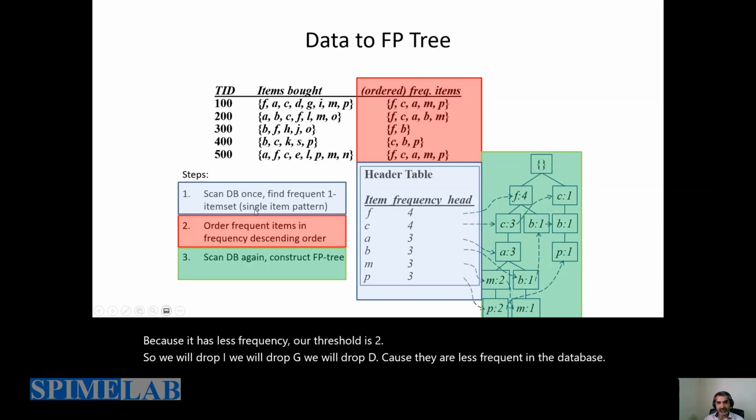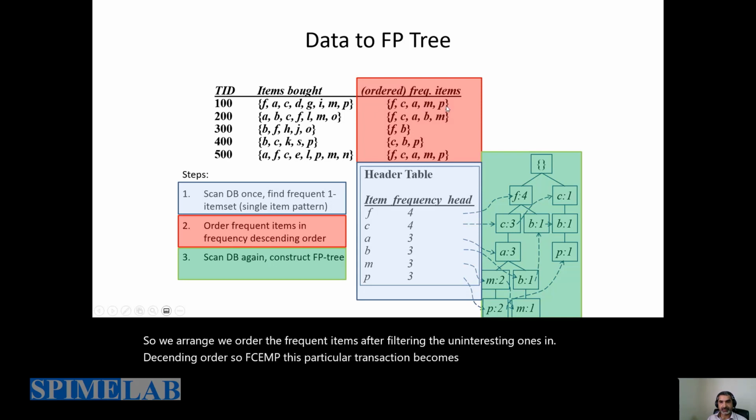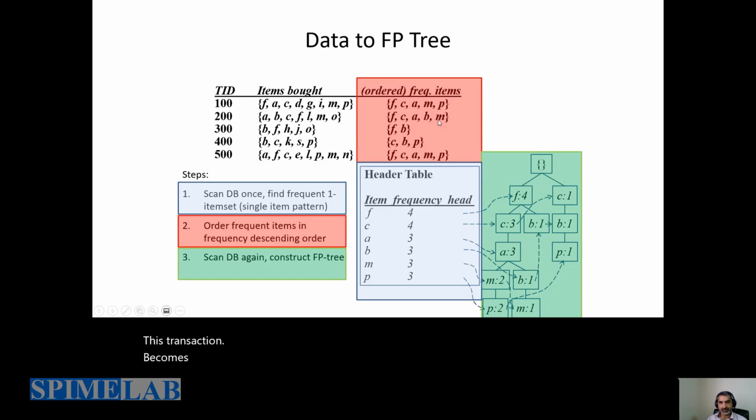So we order the frequent items after filtering the uninteresting ones in descending order: F, C, A, M, P. This particular transaction becomes FCAMP. This transaction becomes FCABM, and so on. Are you with me? Yes.